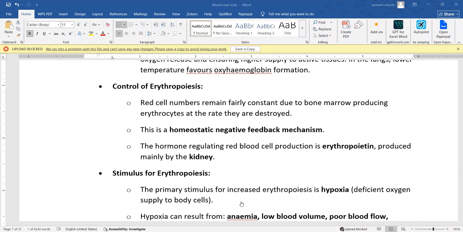Since the kidney is failing, the patient needs an external source of erythropoietin. Some athletes also use erythropoietin for doping.